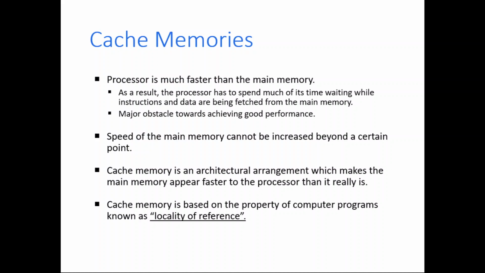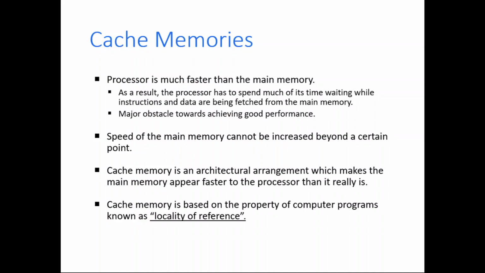Also, main memory is away from the processor, so bus delay also happens. These things create a bottleneck. And the speed of the main memory cannot be increased beyond a certain point, because the circuit or electronics by which the main memory is made is totally different.